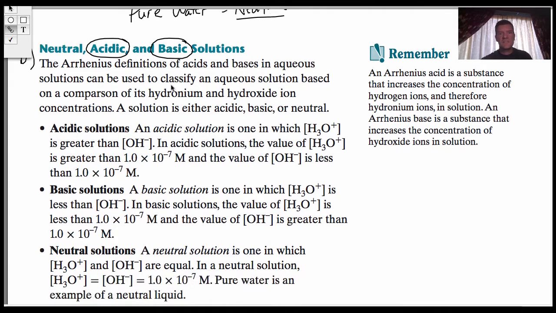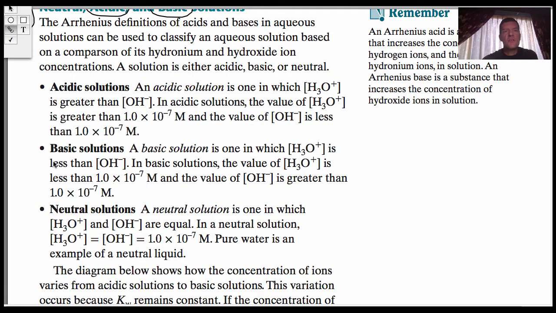It's real easy. Here's how you know if something is acidic, by looking at the concentrations. If it's acidic, then that means the hydronium ion concentration is greater than the hydroxide ion concentration. Remember, this product is a constant for aqueous solutions.